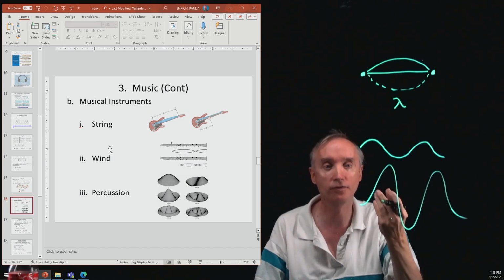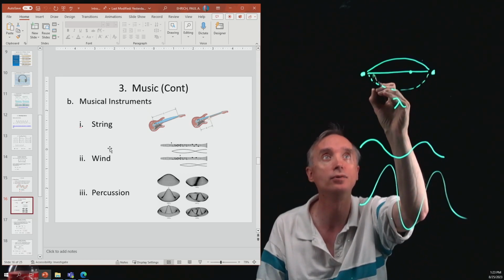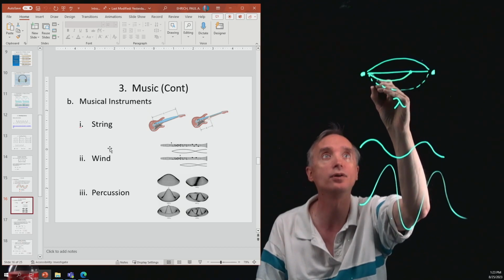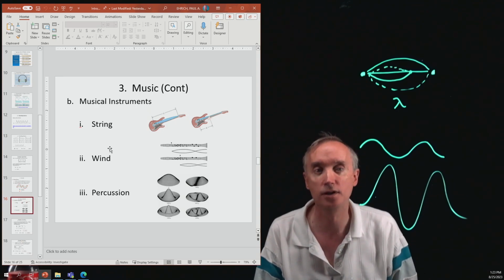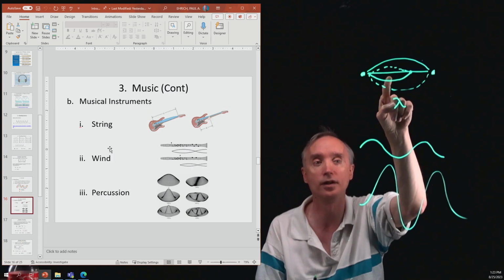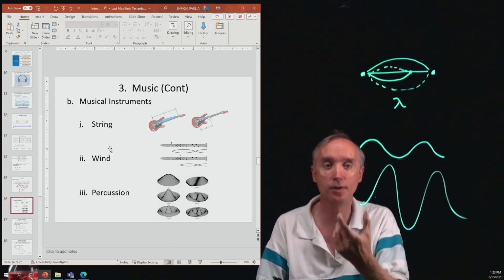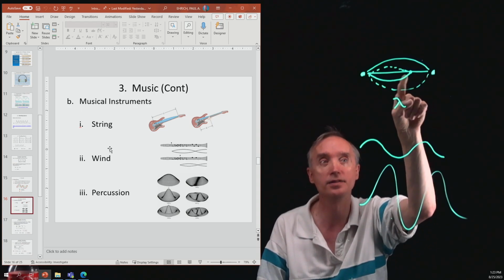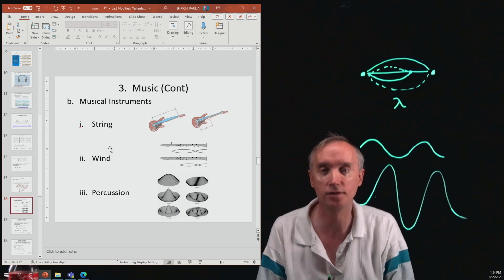But if you take your finger and you put your finger right here, well, now when you strum the guitar, it's going to make a standing wave that's going to look like that. So it's going to have a smaller wavelength that goes with it, so it's going to sound different. Depending on where you put your fingers on the guitar, it's going to produce different wavelengths, which produce different frequencies.